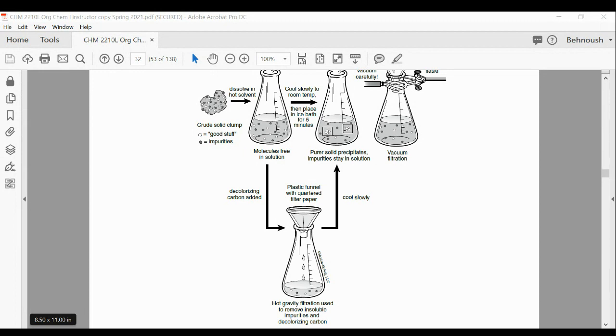So if it says cool down to room temperature first before you place in the ice bath, let's say you cool down to room temperature first, you don't see crystals, then you say maybe the temperature is not cold enough. You place in the ice bath and no crystals form. How can you induce crystallization?